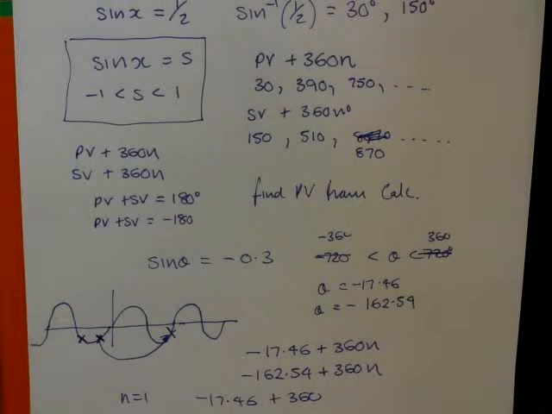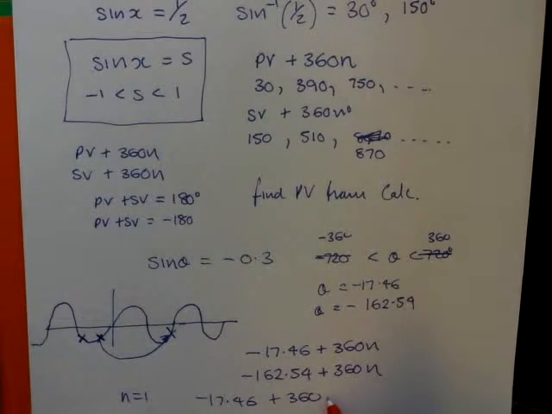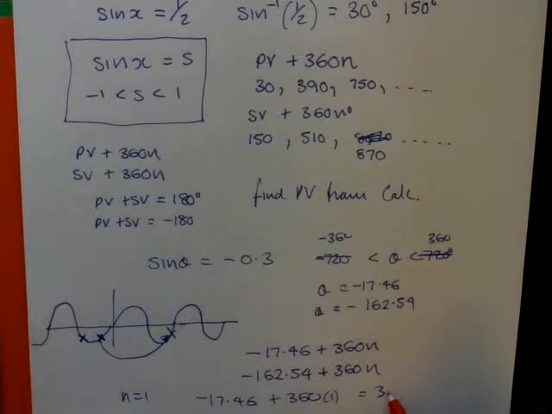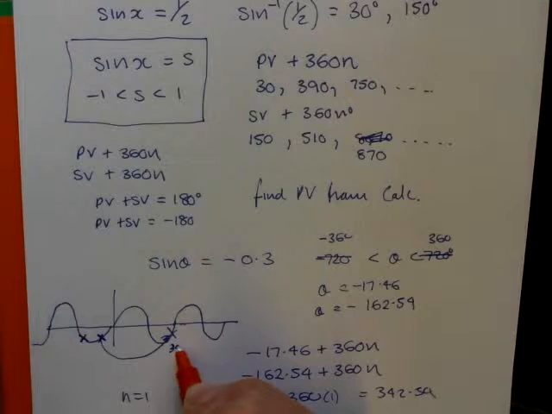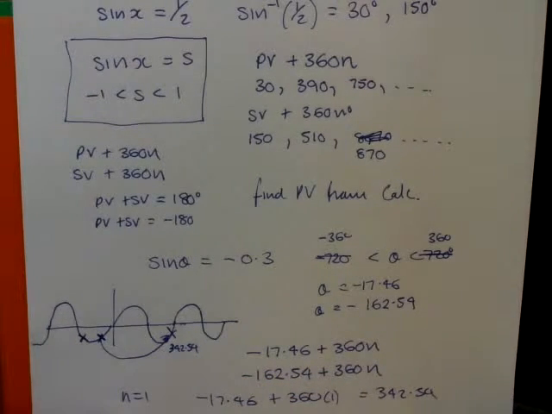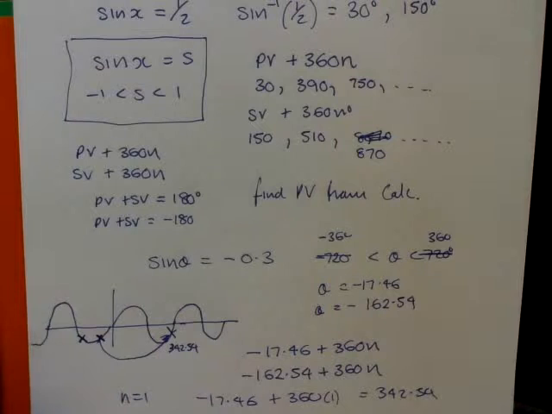Quickly do that on the calculator. So 360 subtract 17.46, and we end up with 342.54. If we use the bottom one, we do 360 minus 162.54, and we get 197.46.